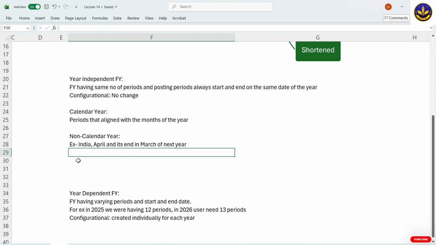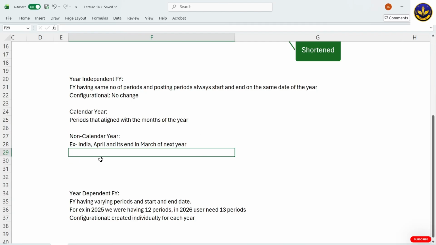But in the calendar year, our first period is January. So the periods starting from January would be the calendar year, and the periods starting from any other month, apart from January, would be known as the non-calendar year.